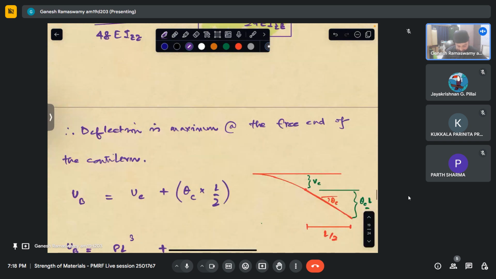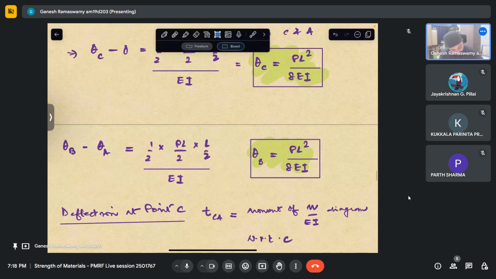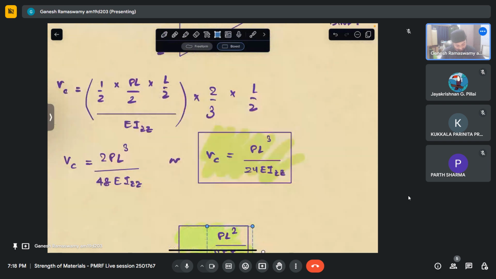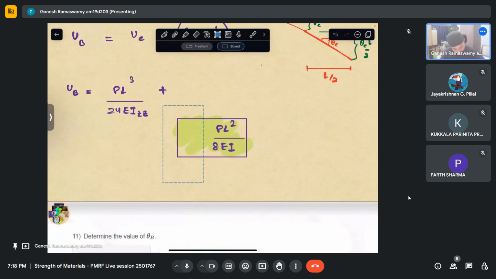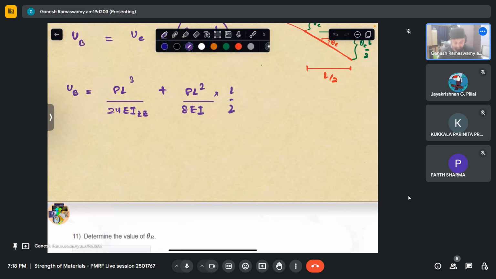The expression for the slope is this, into L by 2.